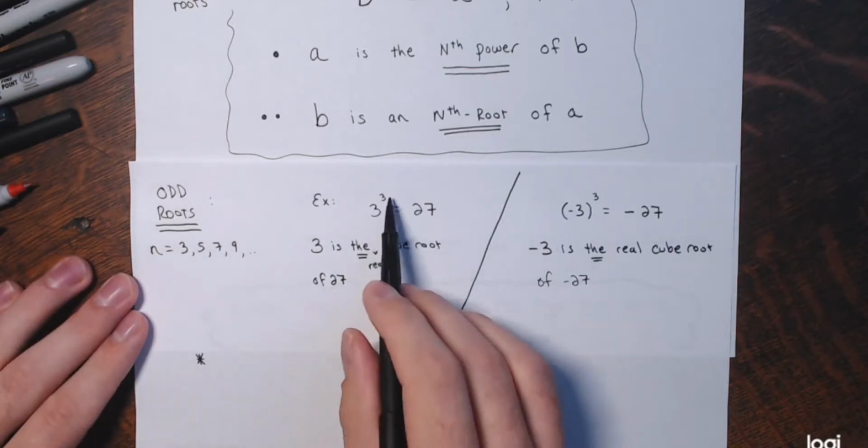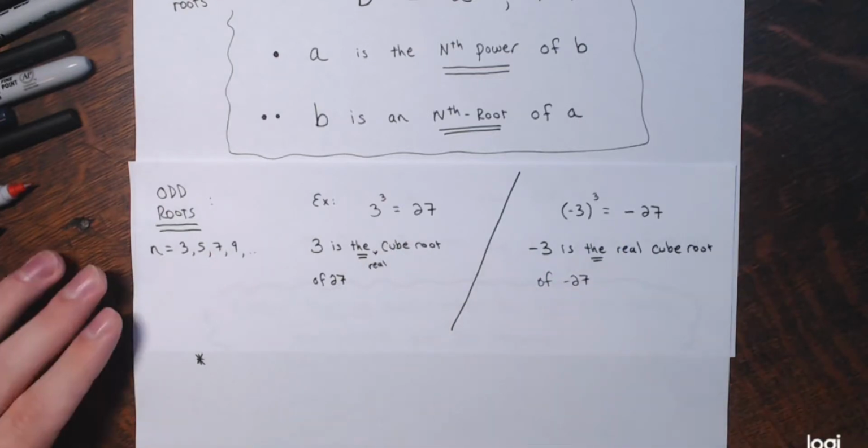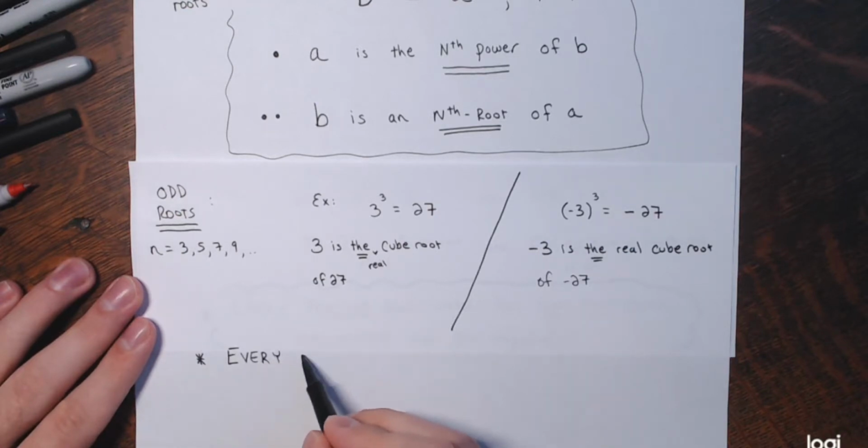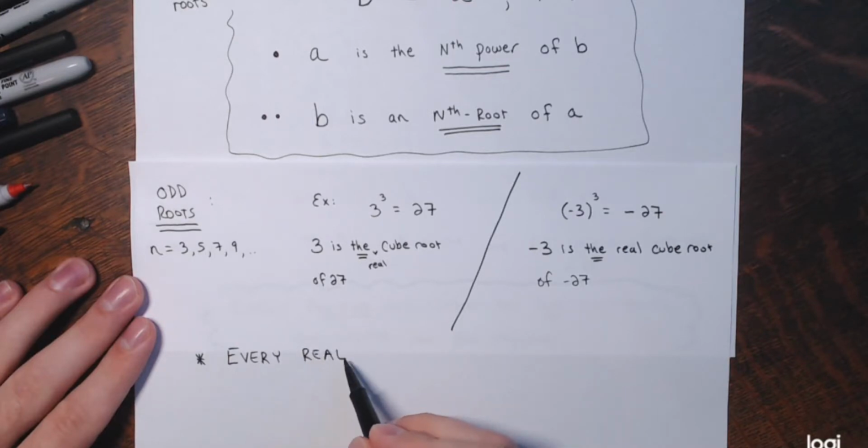So, and then I could do this with the 5th power and 7th power and 9th power, but so here, this is even easier. Every real number, not just positive real numbers, but every real number, positive or negative, has exactly one real odd root.